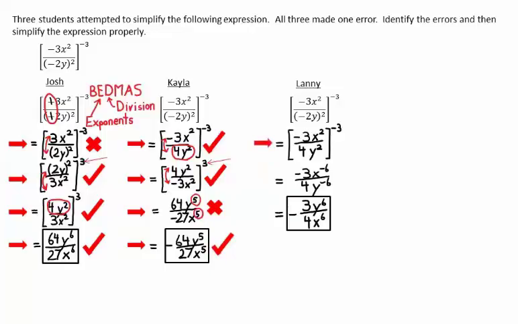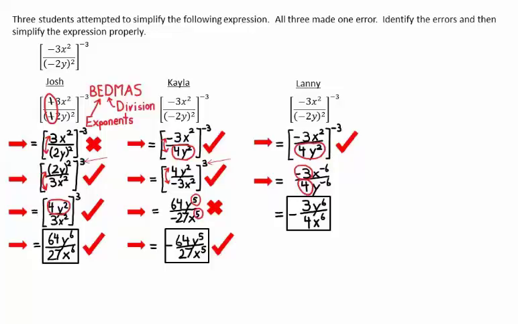Let's consider Lanny's solution. For Lanny, again, he expanded the negative 2y all squared correctly in his first step. For his second step, we have negative 3 and 4. Note that the x was raised to the negative 6 and the y to the negative 6.